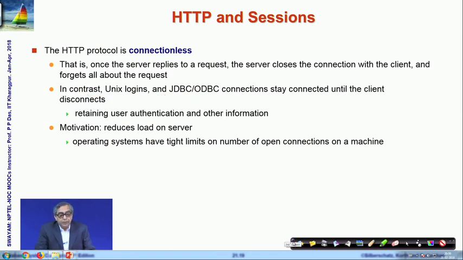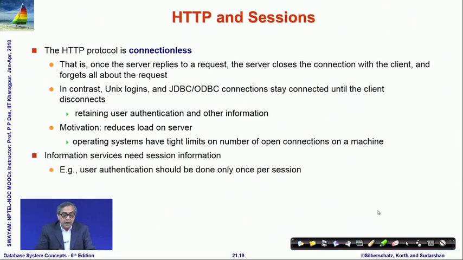There are reasons why it is done this way, to reduce load on the server and so on, but naturally the consequence is that we cannot remember information from one request response loop to the next.